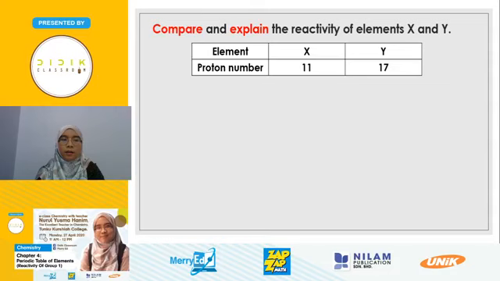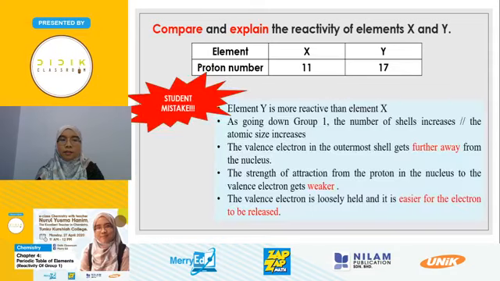And the student mistake is, from my experience as a teacher, when we give this question to students during class as an exercise, they answer it mistakenly.